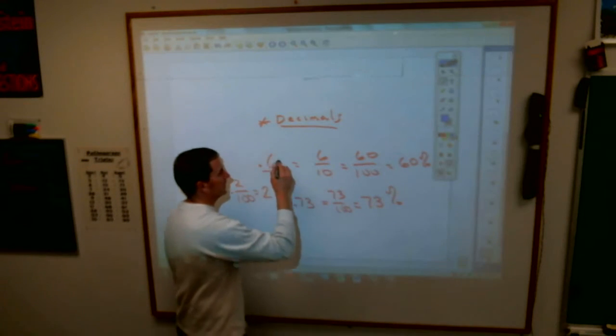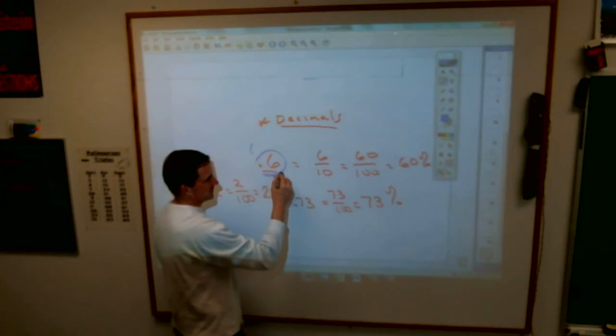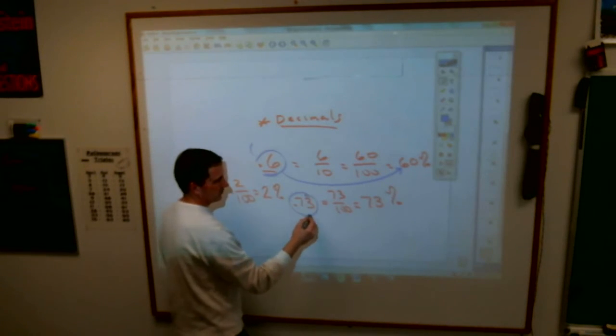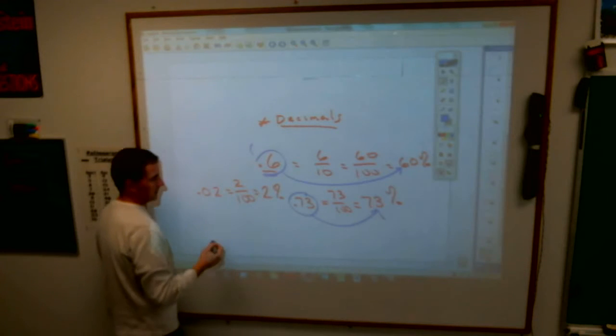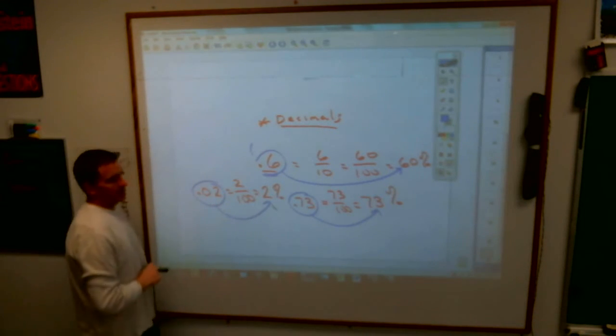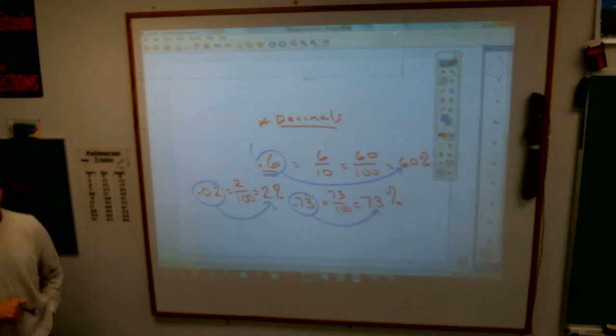Because if you look, this started out being 0.6 and ended up being 60%. This started out being 0.73, ended up being 73%. This started being 0.02 and ended up being 2%. Is there a rule with decimals that really doesn't even involve fractions to change from a decimal to a percent?